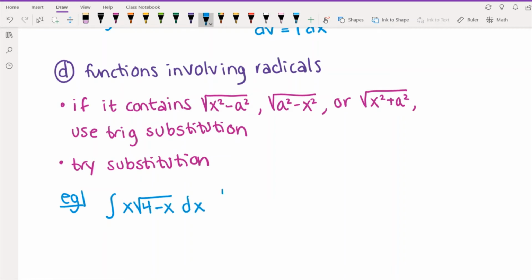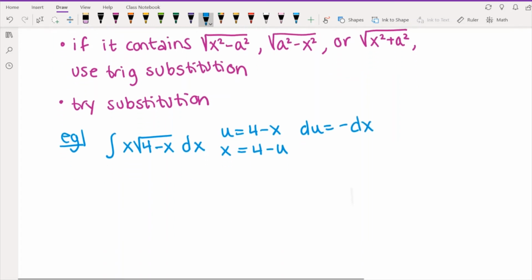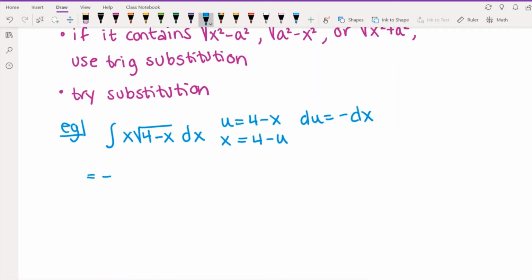If we let u equal 4 minus x, then we could also write x equal to 4 minus u. And then du would be equal to negative dx.